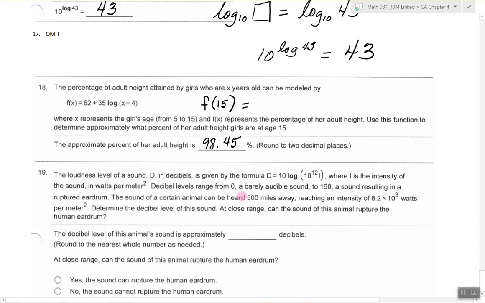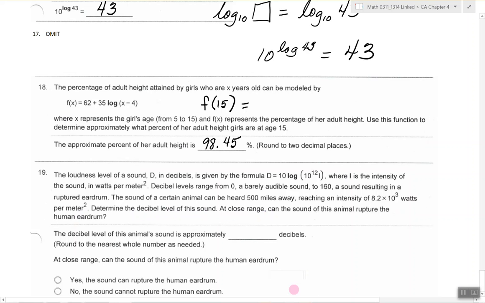A sound of a certain animal can be heard 500 miles away, reaching an intensity of 8.2 times 10 to the third watts per meter squared. Describe the decibel level of this sound. At close range, can a sound of this animal rupture the eardrum?